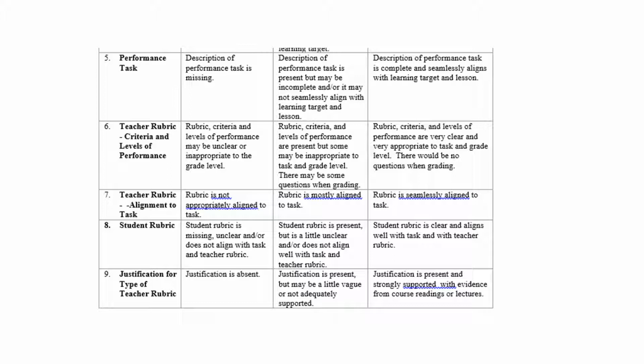Your student rubric should be clear. The grade level should be appropriate, for example, for the reading of the rubric, and it should align well with the task and with the teacher rubric. So similar kinds of things should be on each rubric. Your justification for the type of rubric should be there, and importantly, you should cite from the course readings or lectures.